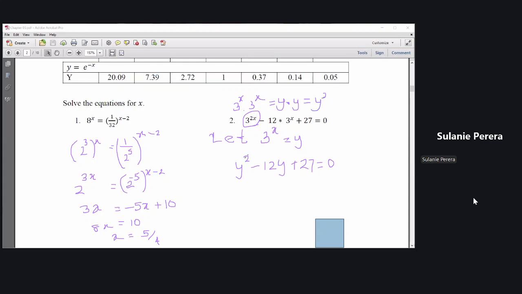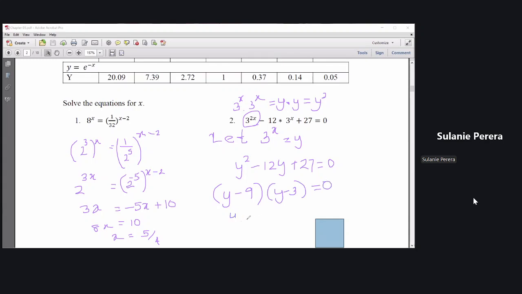Now we can factor this. Multiplies to give 27, adds up to give minus 12. What is it? Y minus 9, y minus 3 equals 0.